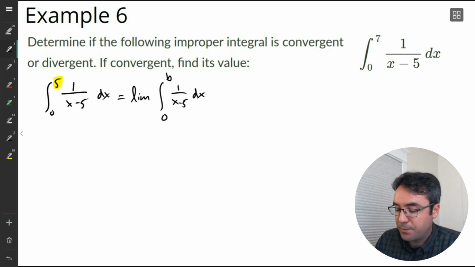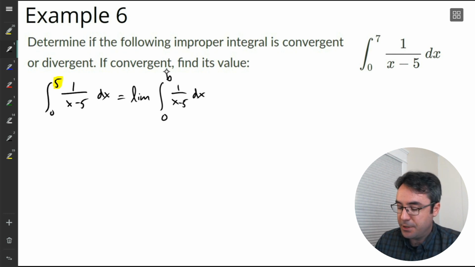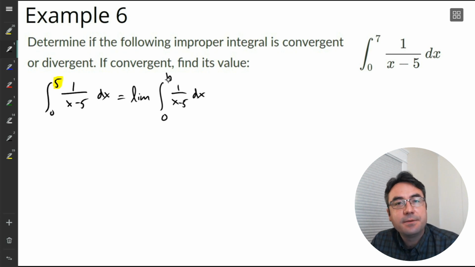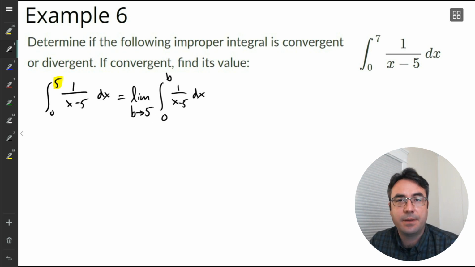So we're going to approach x equals 5. I'm going to use a variable up here, I'm going to use b. We could use t. We're going to let that new upper limit, that variable b, approach 5. Now, which direction are we approaching 5 from?